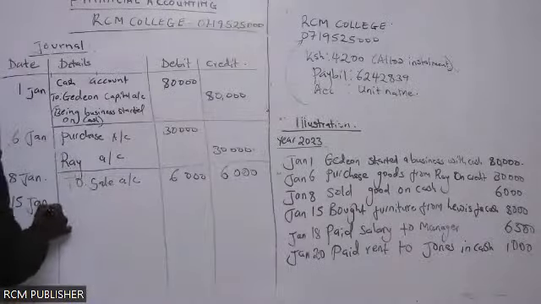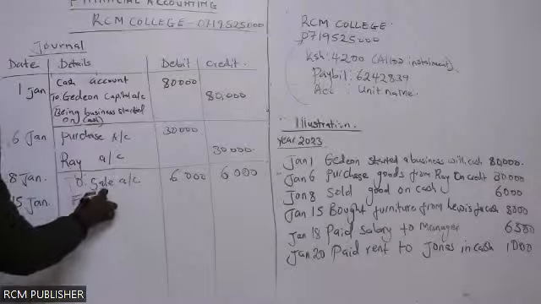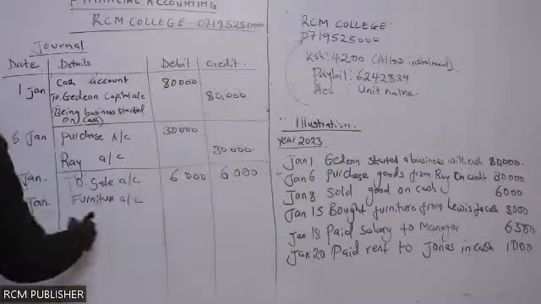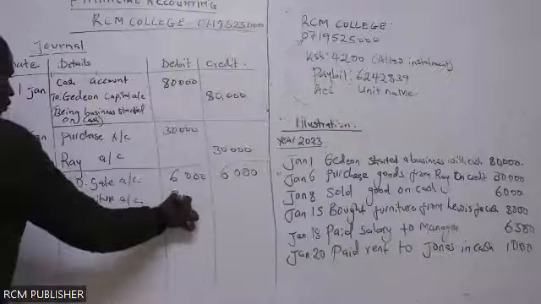So on Jan 15, we are going to debit the furniture account. By how much? It was 8,000.